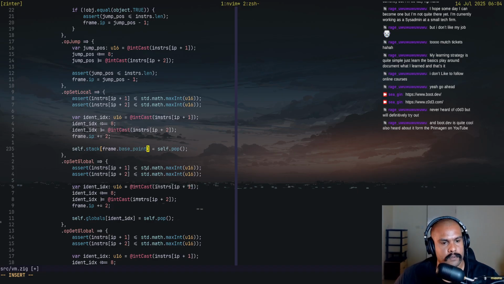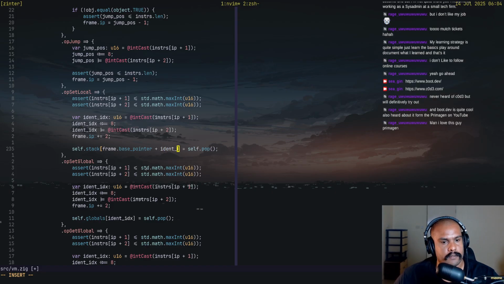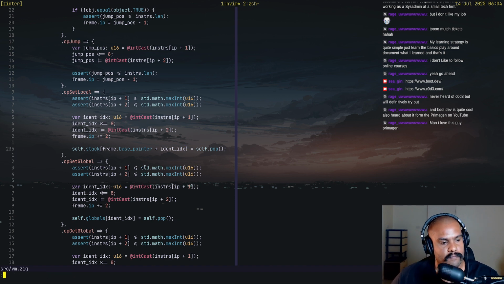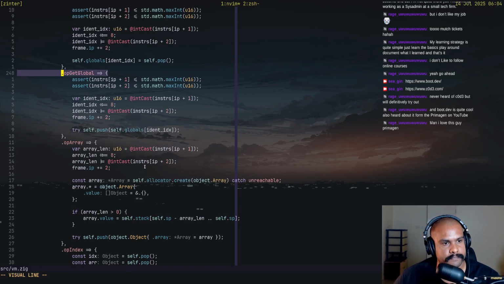Base pointer plus identifier index. Yeah, I love him too. I think this is really good. Set local, and then I need one for global.